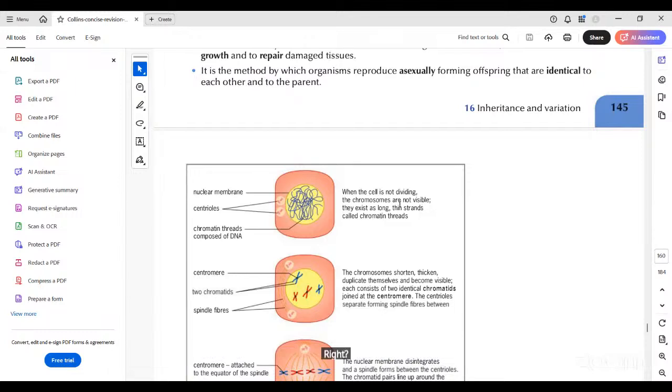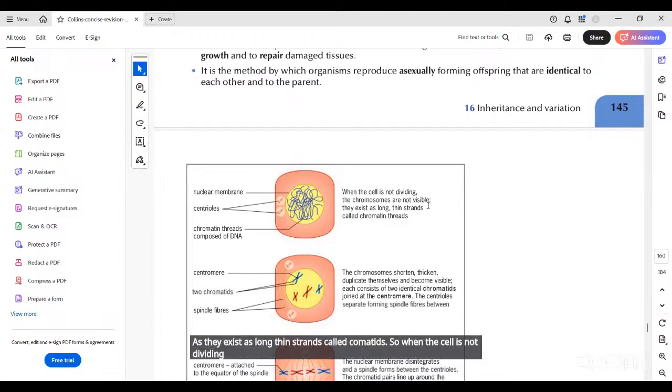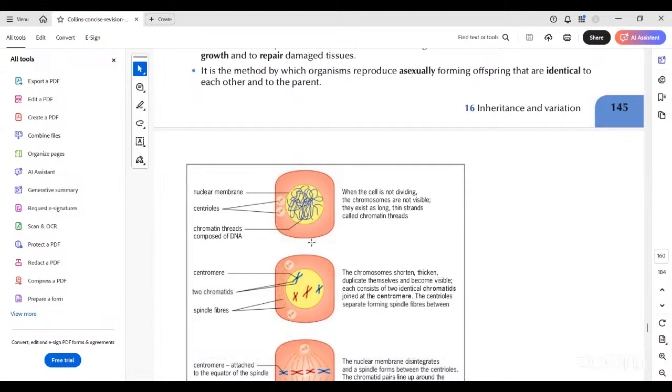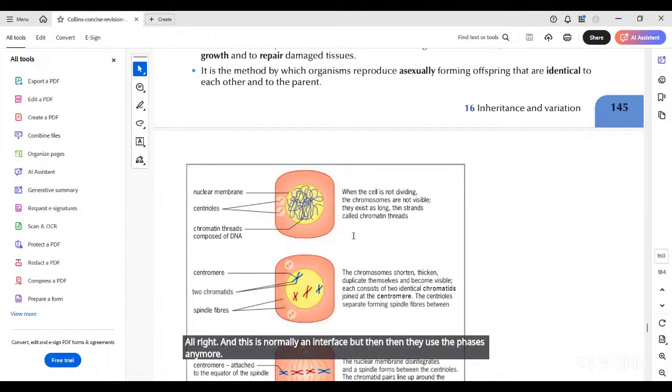They exist as long, thin strands called chromatids. This is normally interphase, but then they don't use the phases anymore. So we just say that.